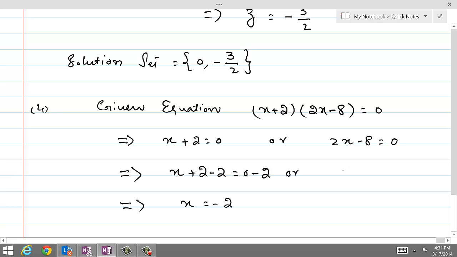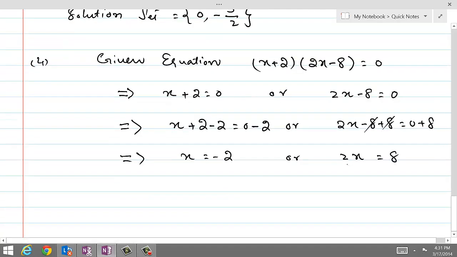And here for the same reasons 2x minus 8 plus 8 equal to 0 plus 8, and here we will have 2x equal to 8 because 8 will cancel with minus 8 on this side, and then dividing both sides by 2 will give us x equal to 4.